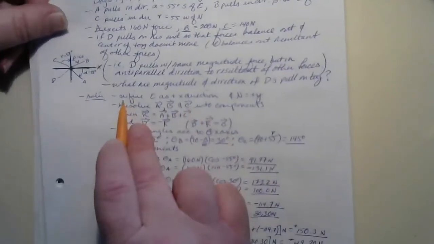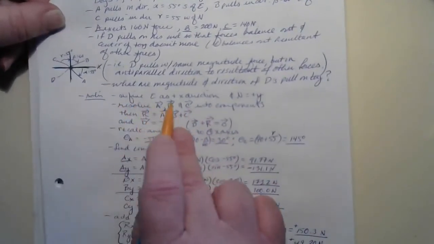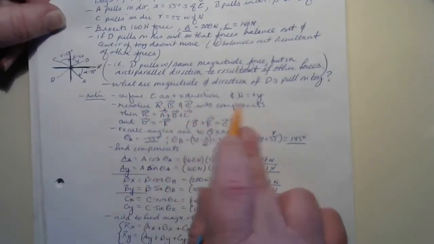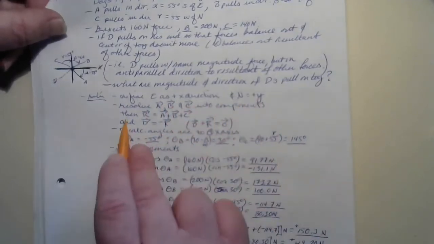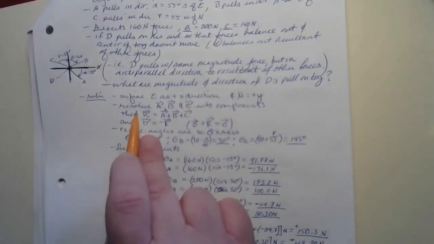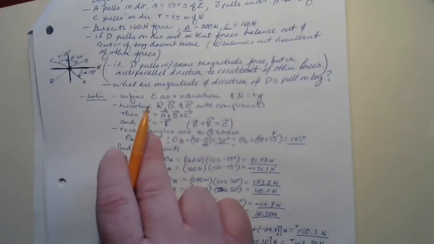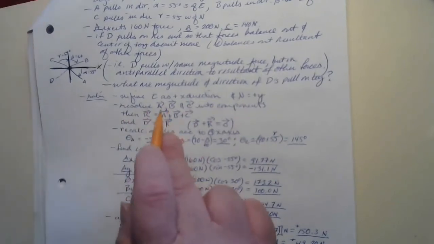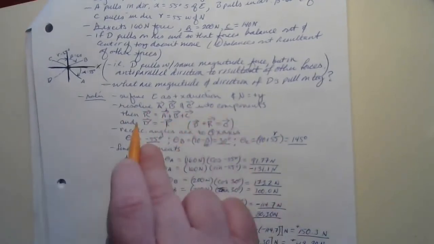Okay, so again, as usual, we're going to define east as the positive x direction and north as the positive y direction. The first thing you would have to do in order to find the resultant of vectors A, B, and C would be to resolve those three vectors into their components.